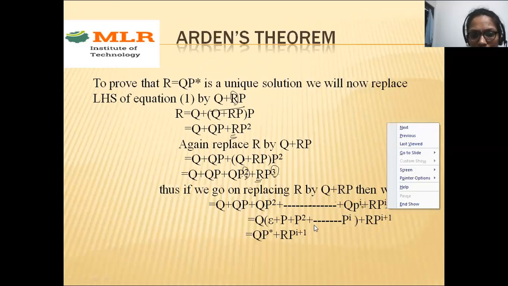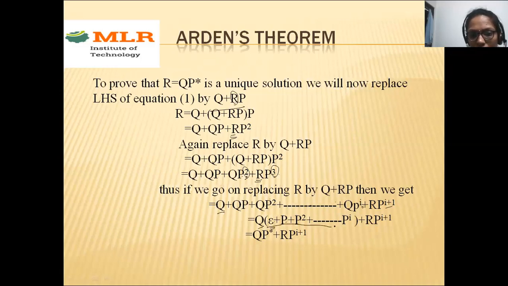So in all these expressions, if I take Q as common, then in place of Q you can write epsilon plus P plus P square and so on up to P power I. This expression I can minimize to P star, isn't it? This is the language for P star: any number of P's. Epsilon, single P, two P's and so on, I P's. That means P star. Then the other term you are getting is RP power I plus 1.